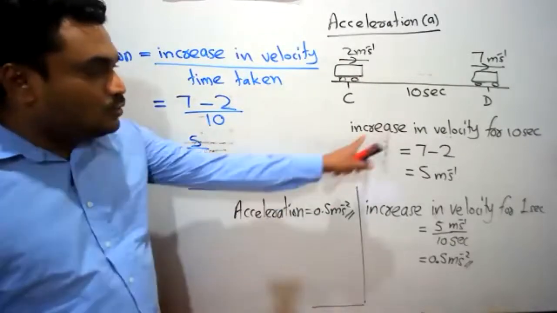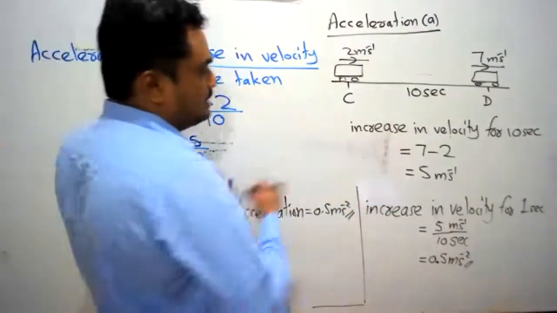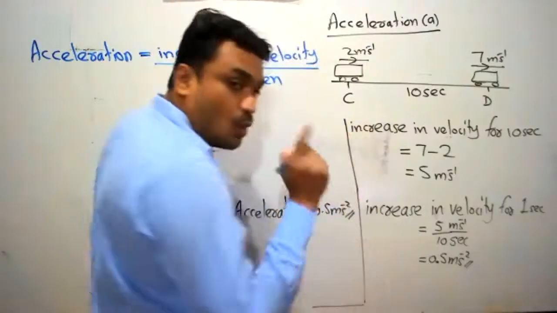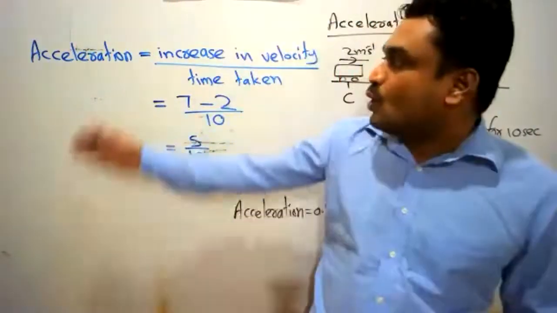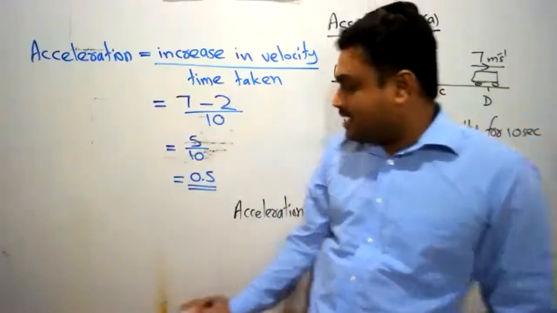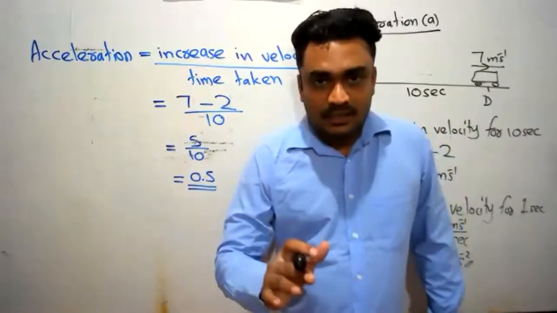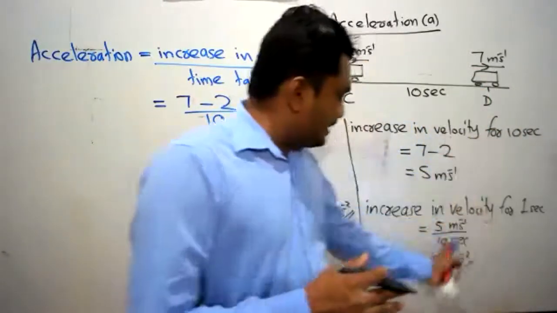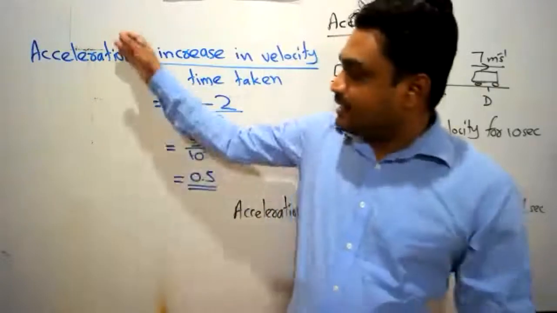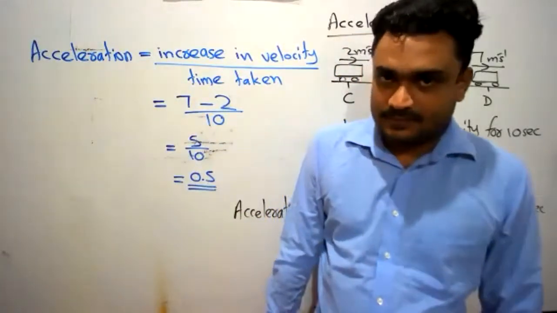So whether you write the statements like this, or whether you use your O-level equation directly, you get the same acceleration of 0.5. Whether you use the statements method or the direct equation method, you will get the same answer, right?